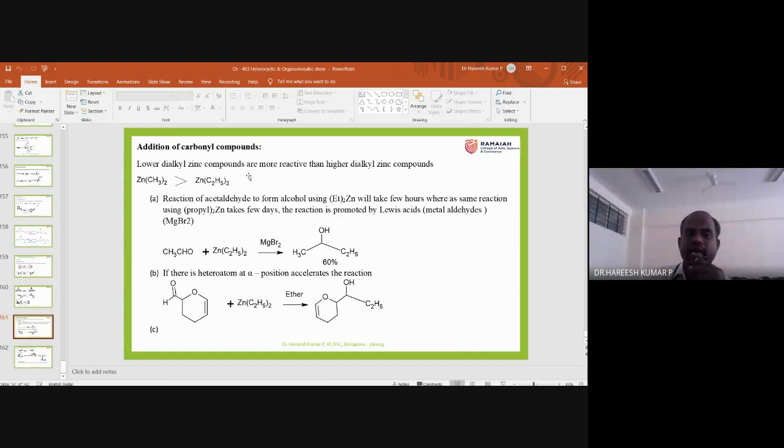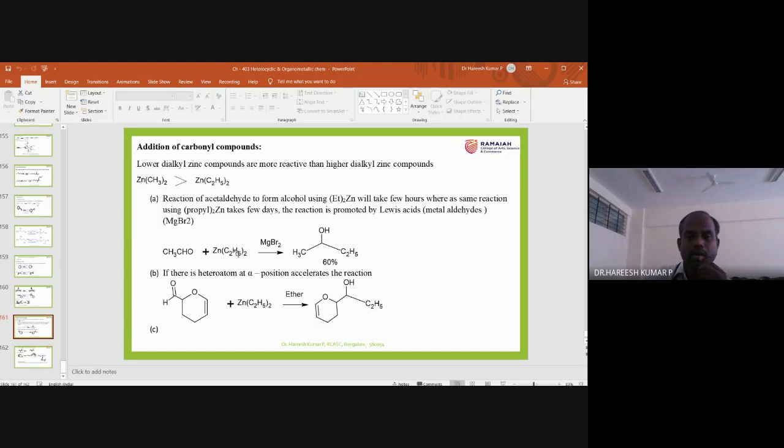Here dimethyl zinc is a lower alkyl zinc, whereas diethyl zinc is a higher dialkyl reagent compared to dimethyl zinc. So remember that lower alkyl zinc compounds are more reactive compared to the higher alkyl zinc. It's a note.